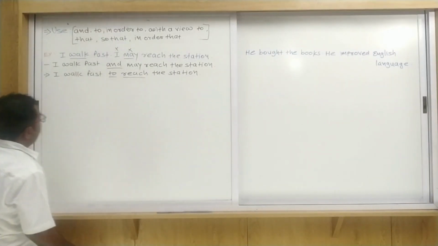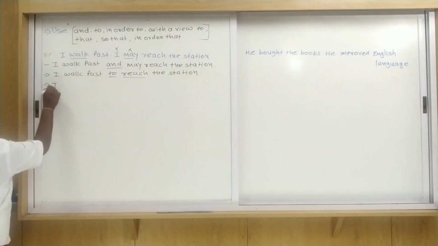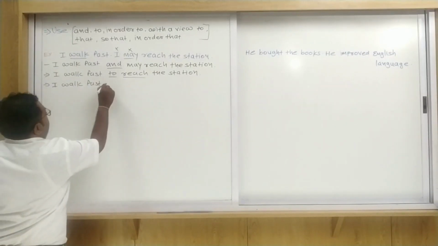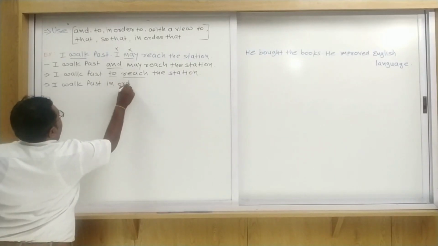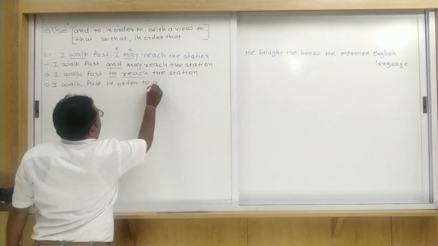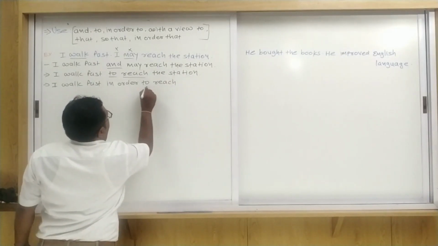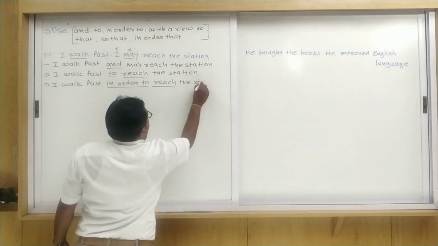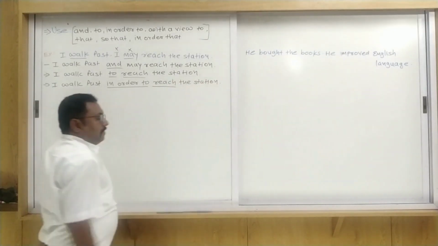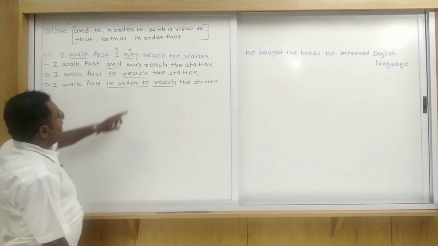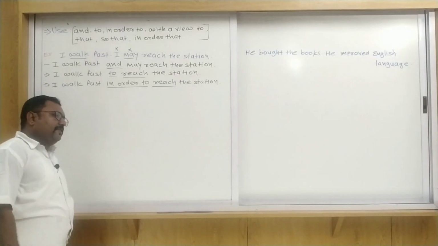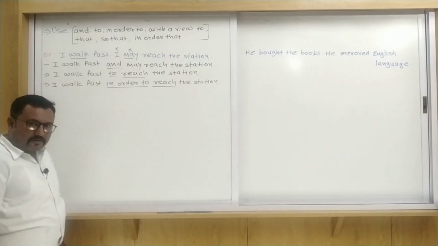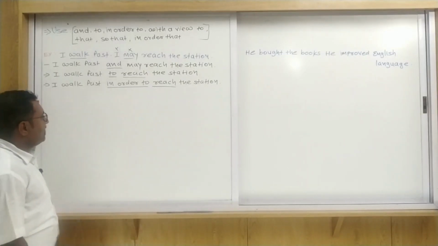Now I use in order to. So I walk fast in order to reach the station. Then I use with a view to. So try to get the point that when we use with a view to, after with a view to we use verb plus ing.